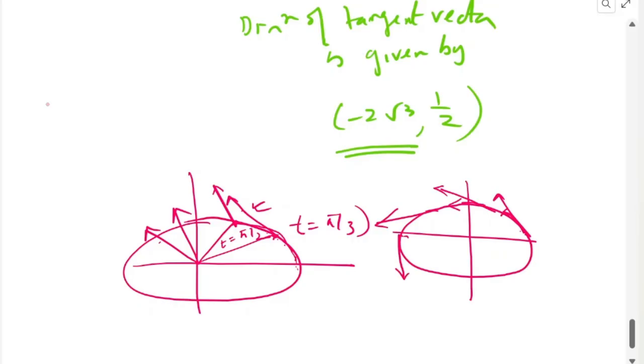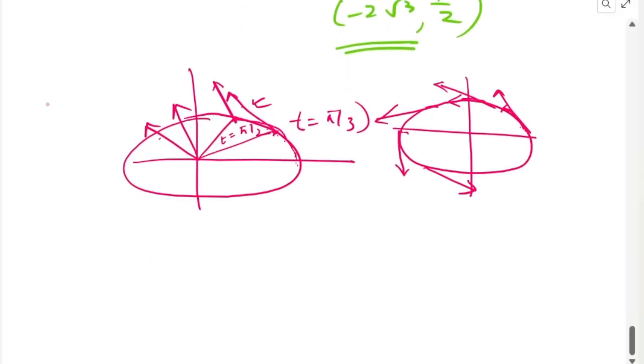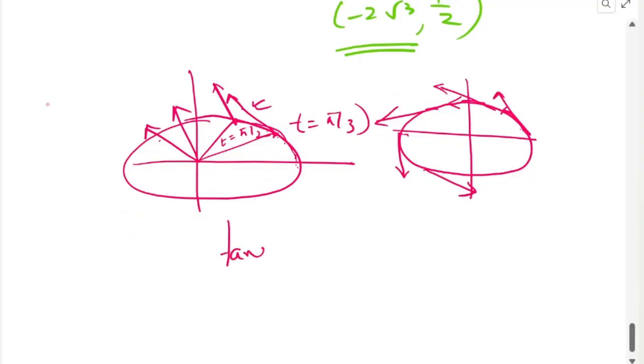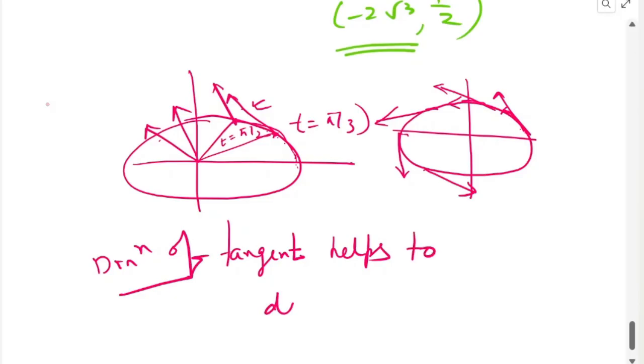So sometimes we say the direction of tangent helps to determine the orientation of a curve, how the curve is oriented.